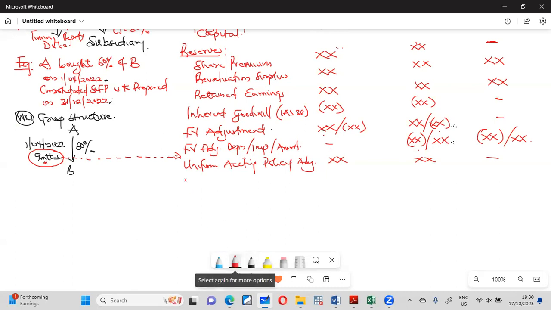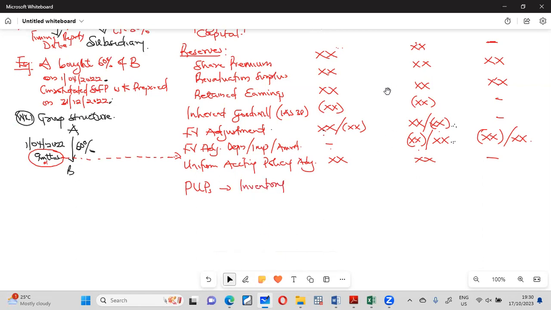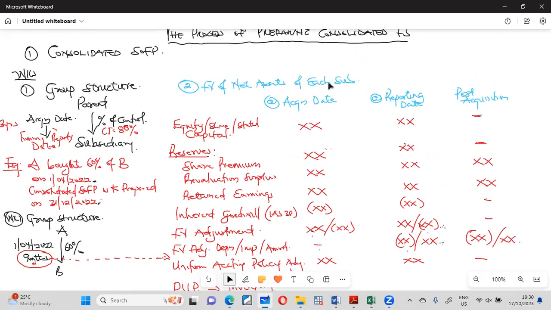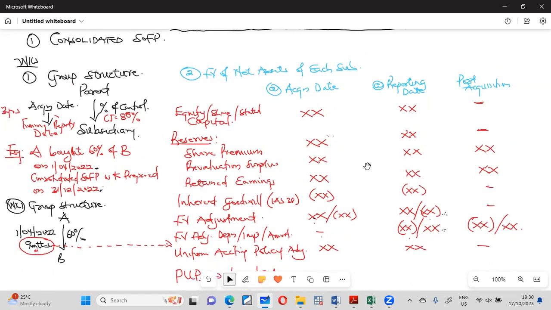Then the last one will be your provision for unrealized profit, your PAP. Like I've told you, we have 2 PAPs. We have PAPs on inventory. And don't forget, everything we are doing here is about the subsidiary, not the parent. Workings 2 is for the subsidiary. It is not for the parent. I repeat, workings 2 is for the subsidiary, not the parent. All right.